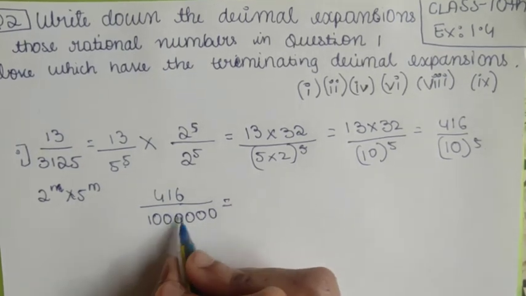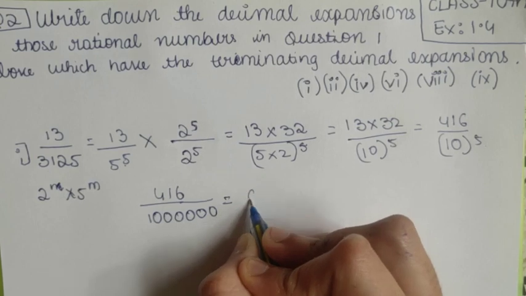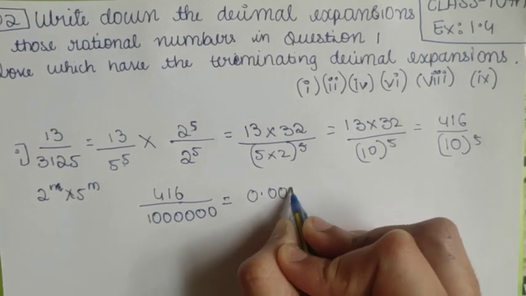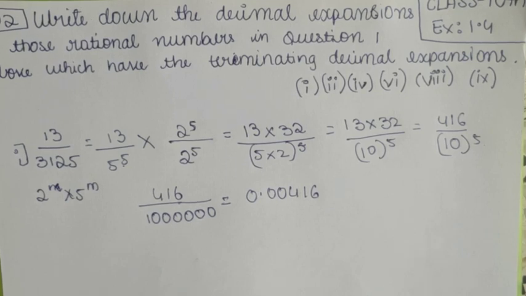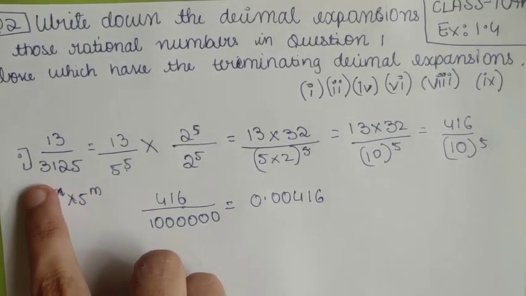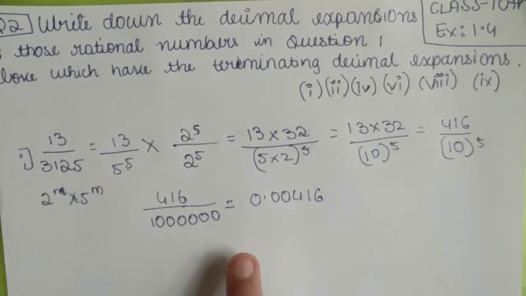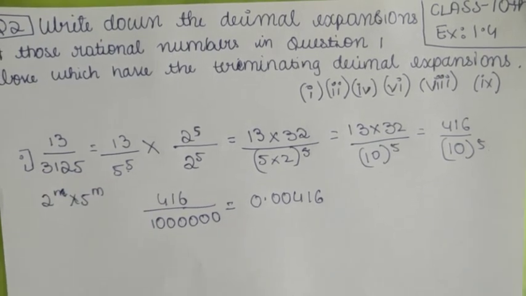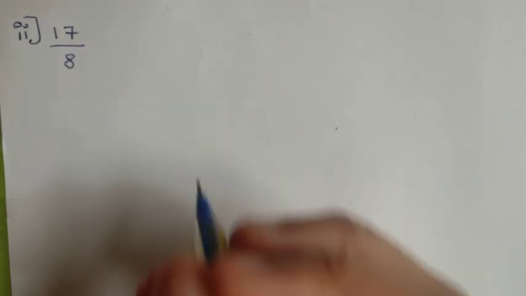Here 5 places after the decimal, so 0.00416. So the decimal expansion of 13 by 3125 is this.